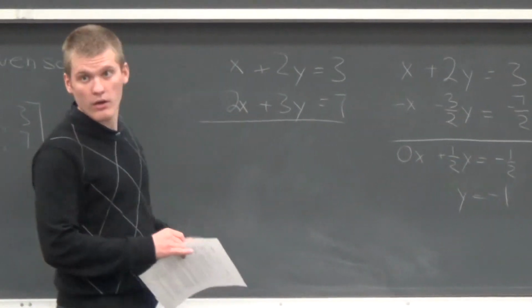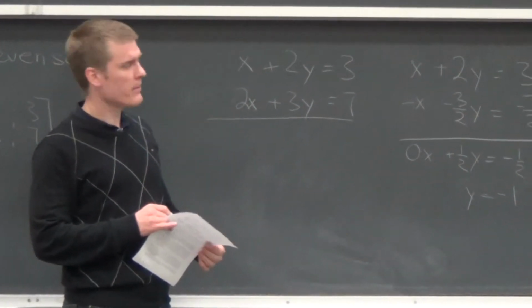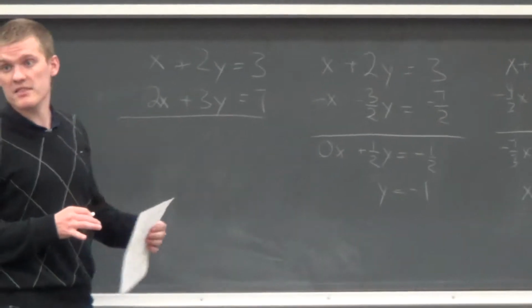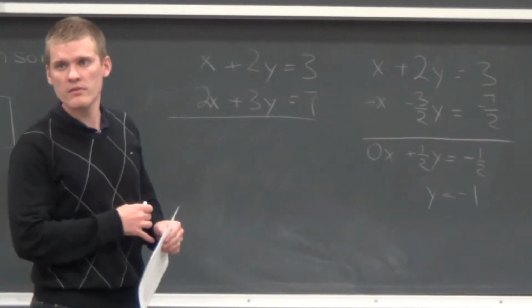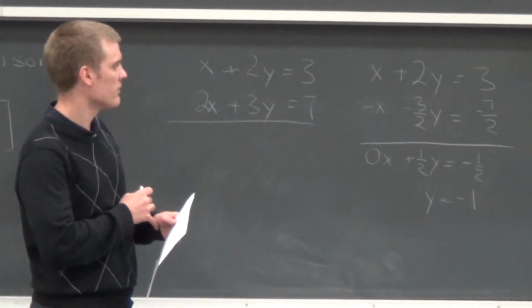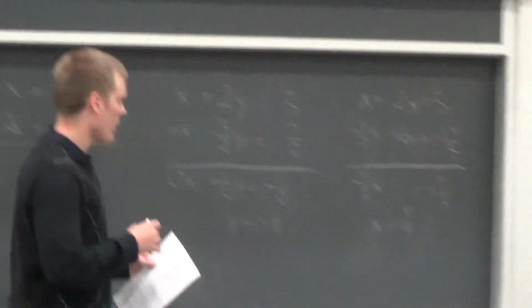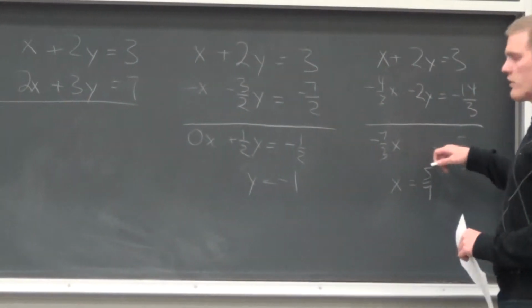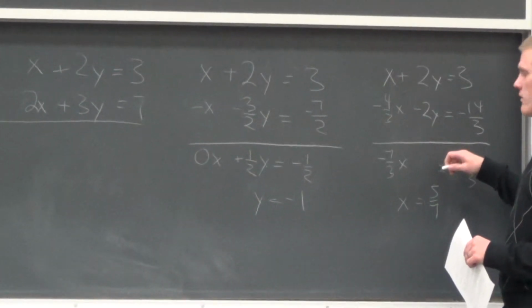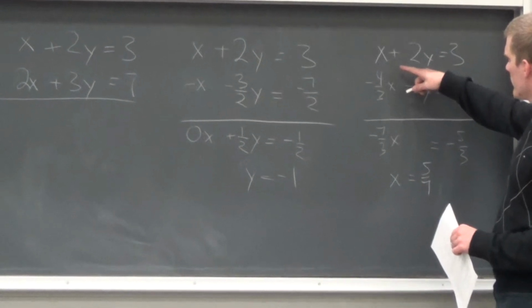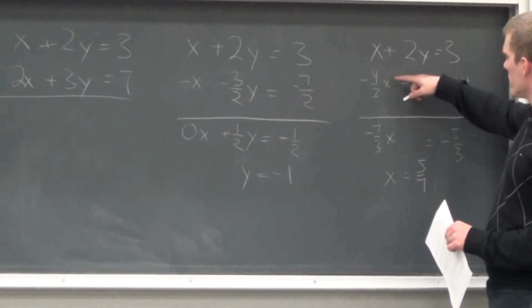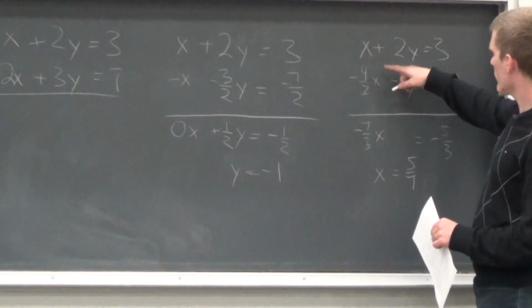Sorry, I think the x is wrong. I'm sorry? The value of x is 5-something, right in here? Minus 1/3 x, or not 7, 1, not 7.